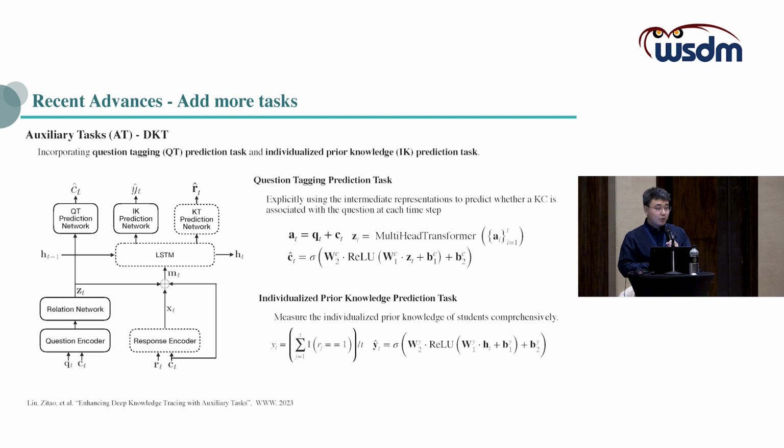And about adding more tasks, here our team proposed ATDKT. They try to add a question tagging prediction task and an individual difficulty prediction task. The first one is we use the intermediate representation to predict whether the concepts are associated with a question at each time step.